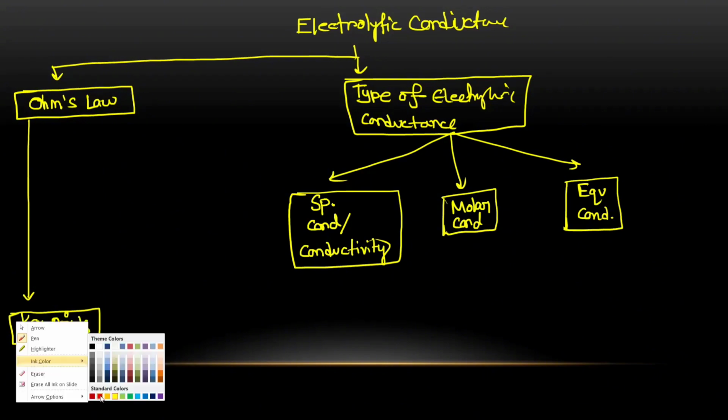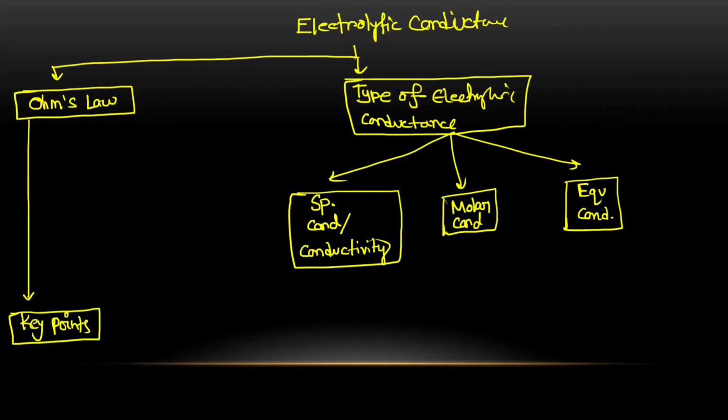Now let's start with Ohm's law. Ohm's law says resistance in electrolytic conductance will be proportional to L upon A. What is L and what is A? Suppose in any electrolytic conductance medium, there are two different electrodes of the same area.